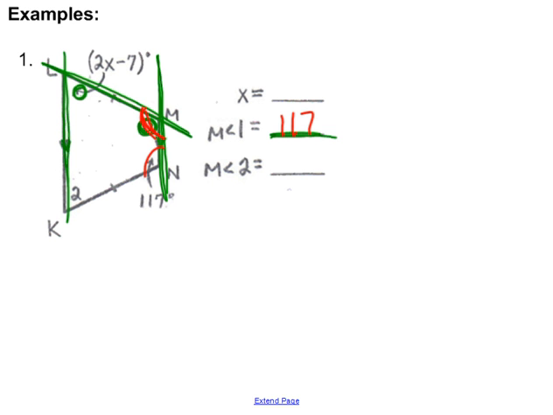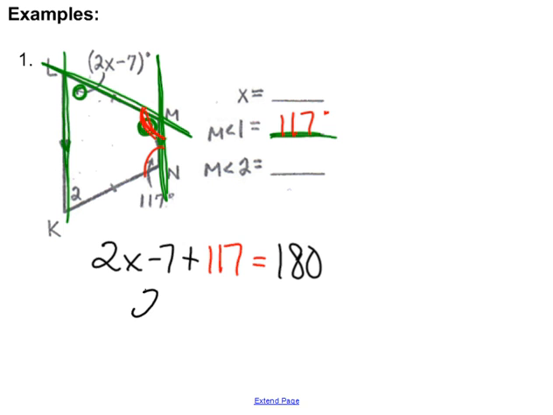Well, now I can take that theorem of adding those two angles together to equal 180 because I know exactly what that is. It's 117. So I'm going to take the algebra from the angle L and say 2x minus 7 plus 117 equals 180. All right.